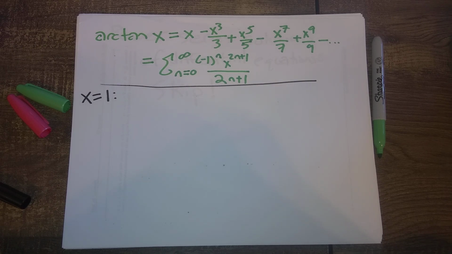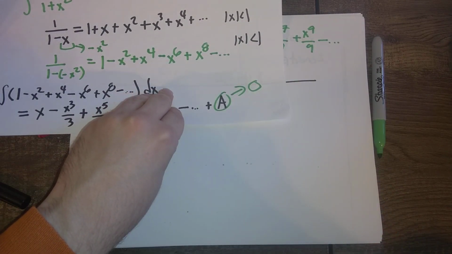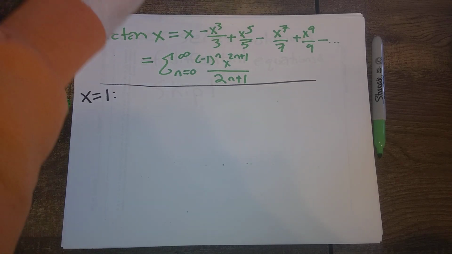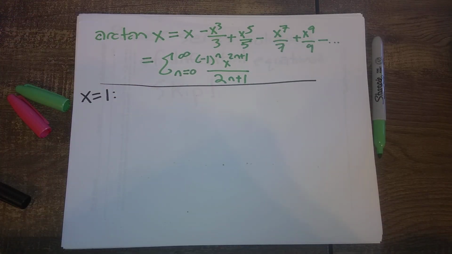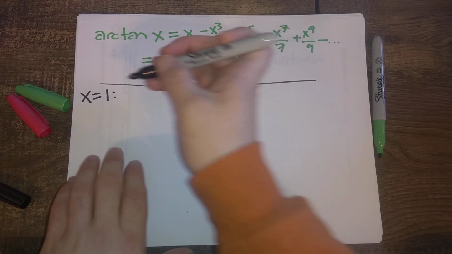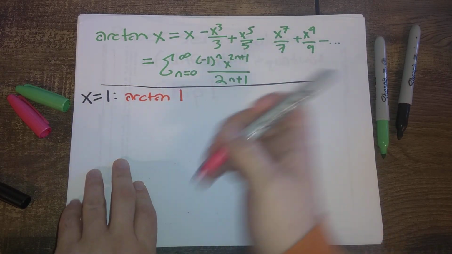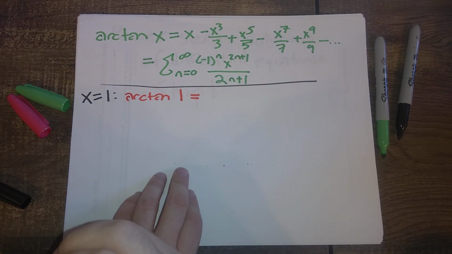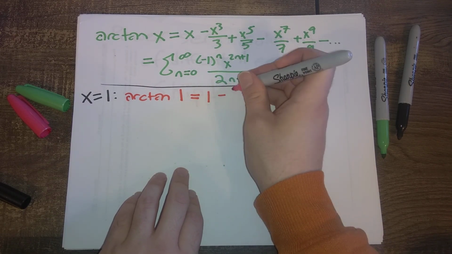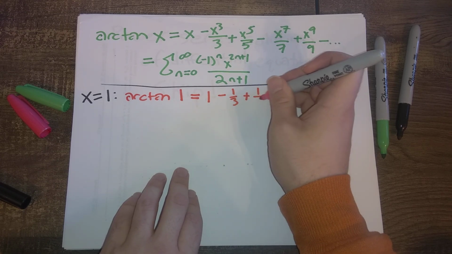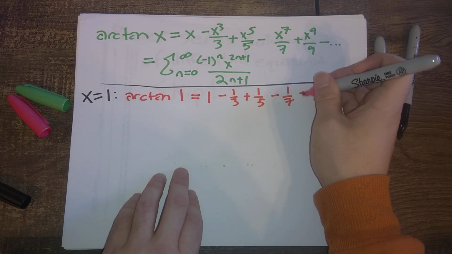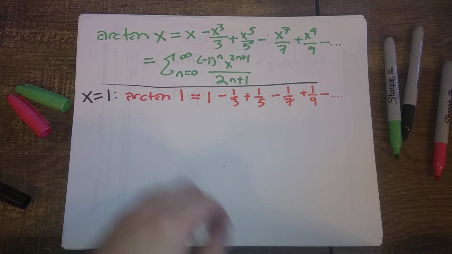So this is certainly outside of the range here. It's outside of the range, but as it turns out, the formula is still valid for it. And let's just see what happens. So we end up with arctangent of 1 is equal to 1 minus a third plus 1/5 minus a seventh plus 1/9, and so on and so forth.